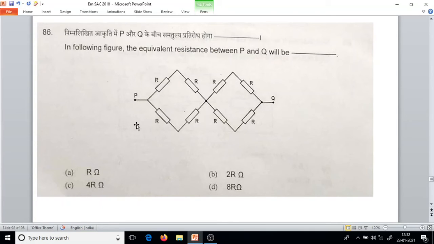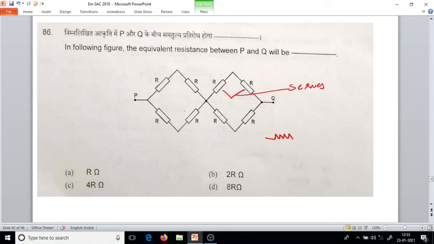Question number 86. The equivalent resistance between P and Q will be. Here, these two resistors are in series, so the equivalent resistance is 2R. The bottom also is 2R.